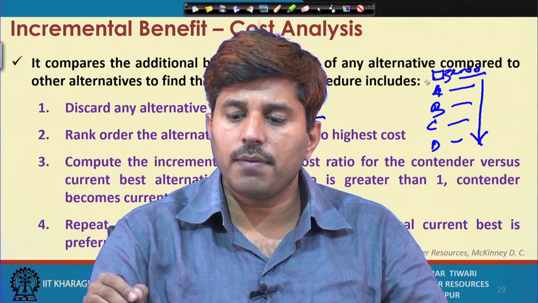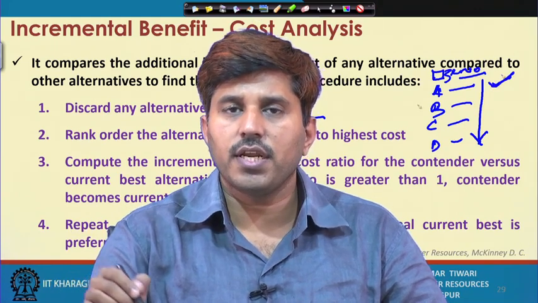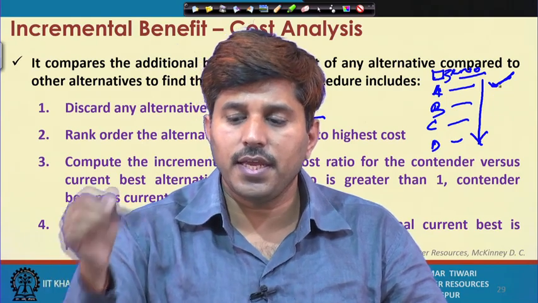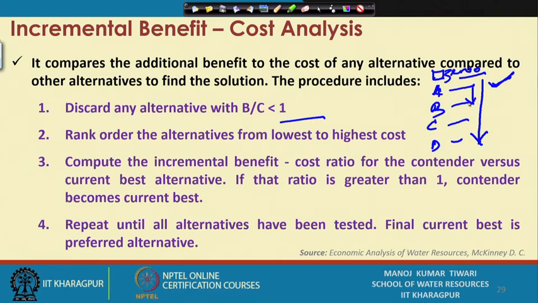So, one can compare A with 0, and if the benefit cost ratio for A is higher, we can accept A, and then we can see what happens if we move from A to B. We compare the additional cost required for moving from A to B and the additional benefits that B is generating as compared to A, and take a ratio of additional benefits by additional cost.